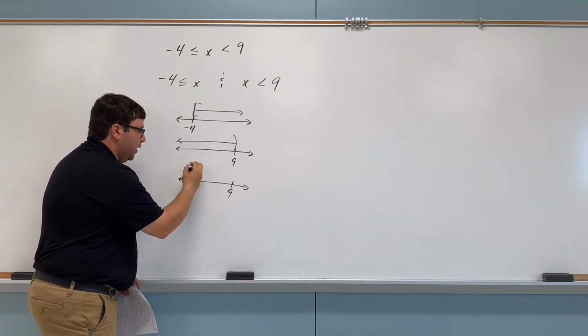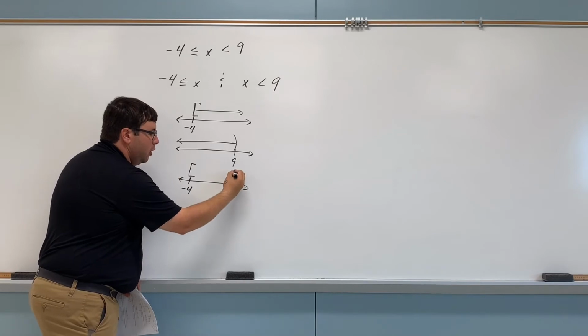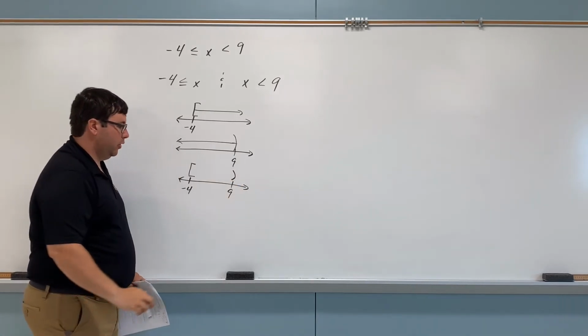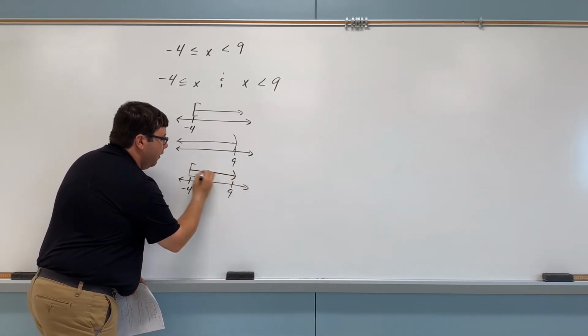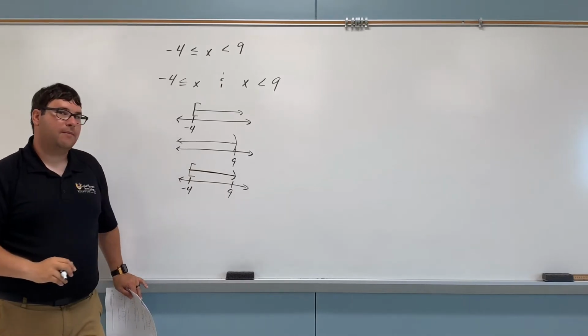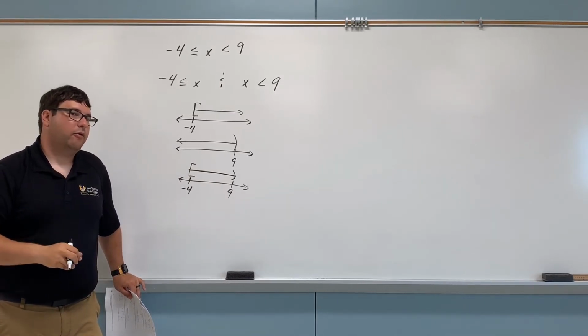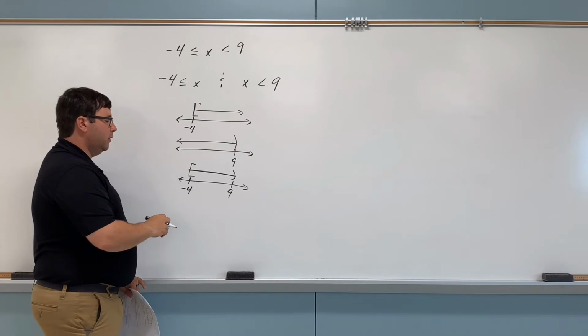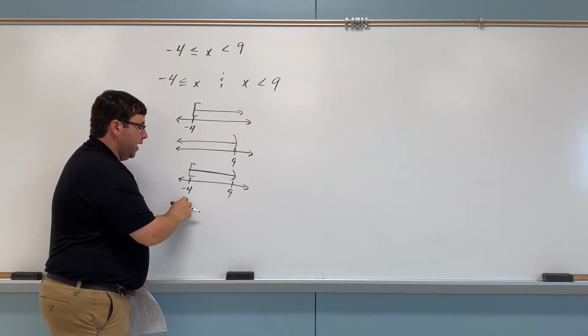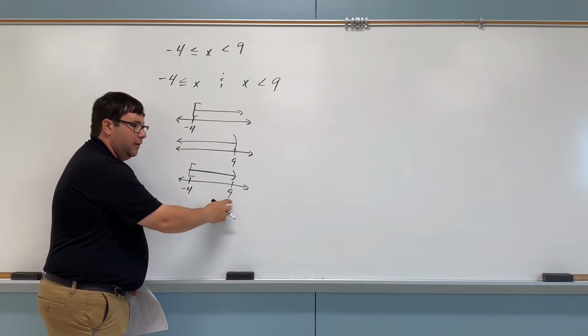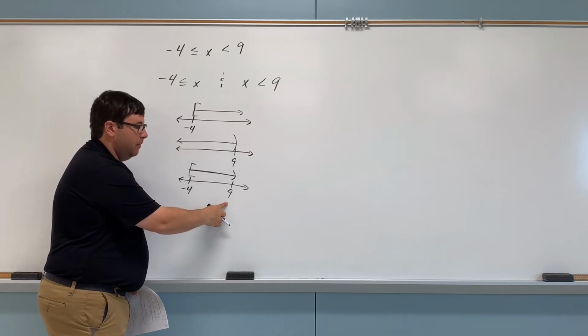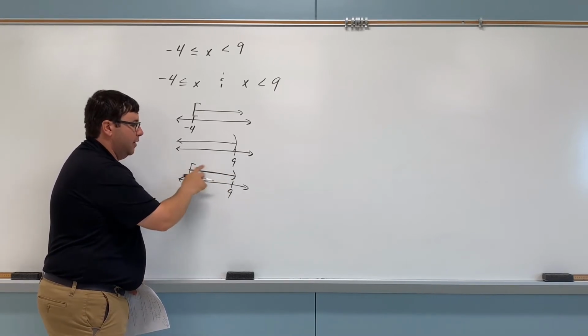We know that -4 is included. We know that 9 is not included. Everything that overlaps between these two statements is the solution. So x can be any value from -4 to 9, but not including 9. That's exactly what this statement is saying.